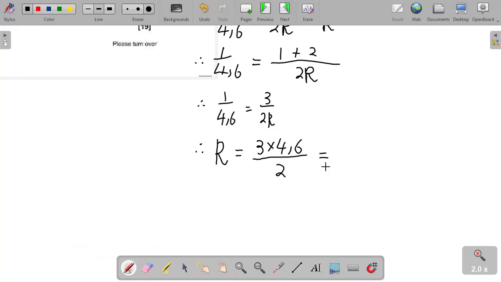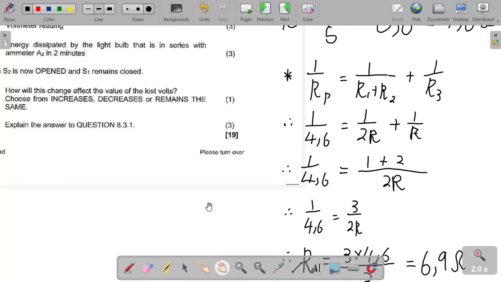You use a calculator here, you get 6.9 ohms. That is the value of R. Okay.